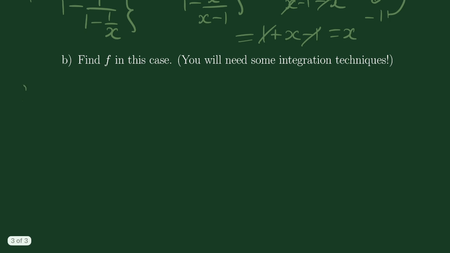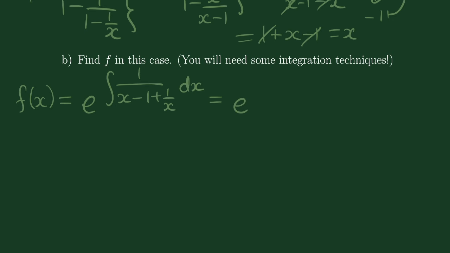As we saw before, we have to solve an integral. And we get e to the integral of 1 over x minus r of x, which in this case is 1 over 1 minus x. We're subtracting, so there's a double negative. And we can multiply top and bottom by x.